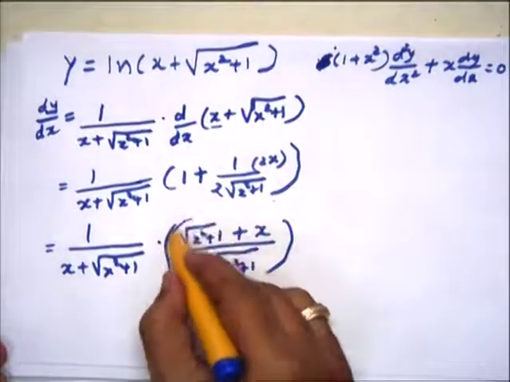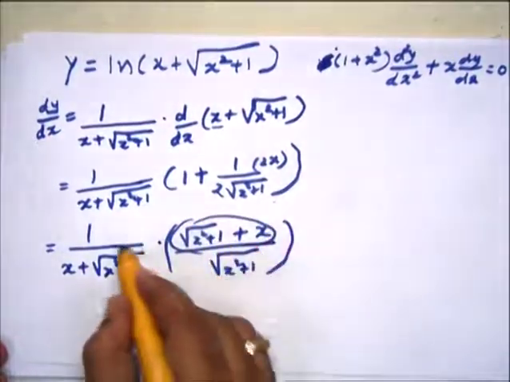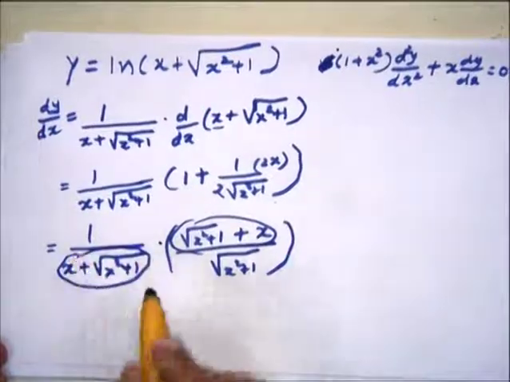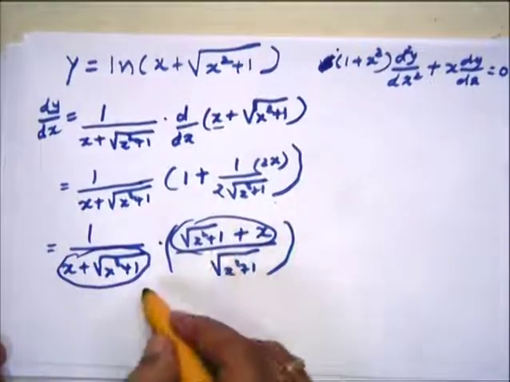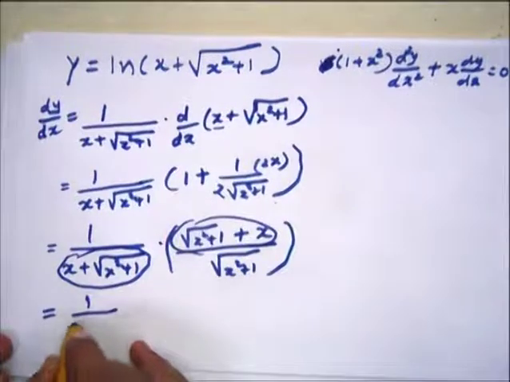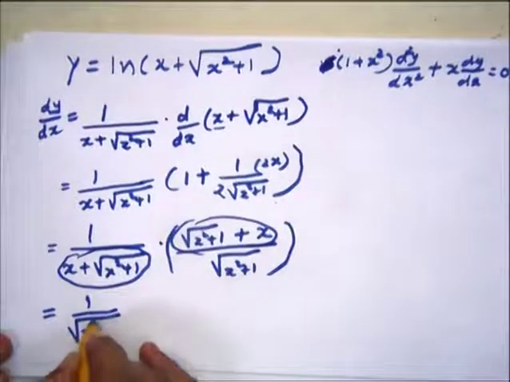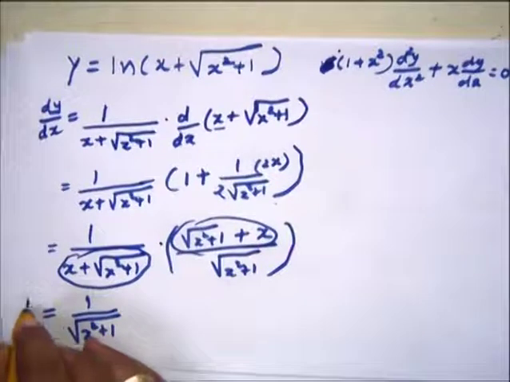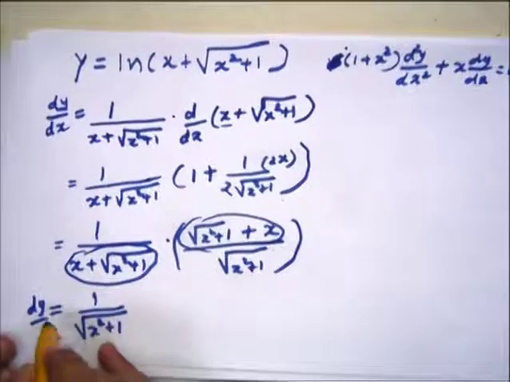Now these two things, this and this, will get cancelled, so we can cancel it. So it is equal to 1 upon root of x square plus 1. So this is dy by dx.